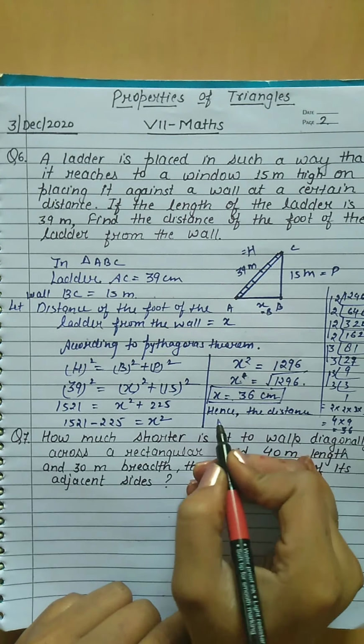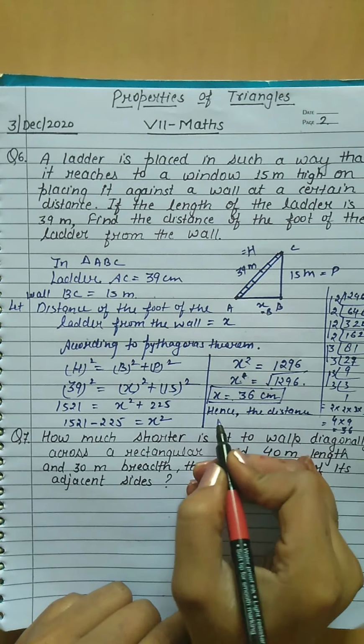Okay students, so what is the length of diagonal? So students, if it is 30, that will be also 30. Okay, because in rectangle two opposite sides are equal. Okay, so that is also 40. Okay, so now we can find easily the diagonal.